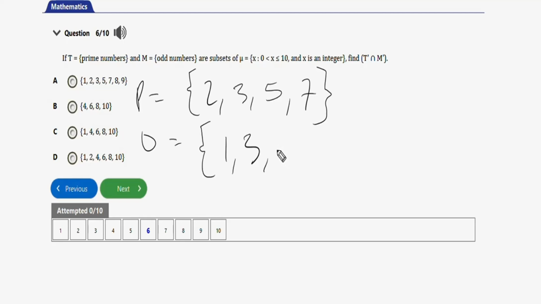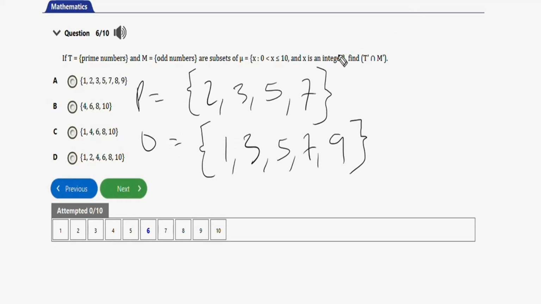So we have 1, 3, 5, 7, and we also have our 9. 9 is an odd number because it's not divisible by 2. If you divide 9 by 2, you get a point; when a number is divisible, you shouldn't have a point. 10 is not an odd number, 10 is an even number. So this is the prime number set and this is the odd number set.